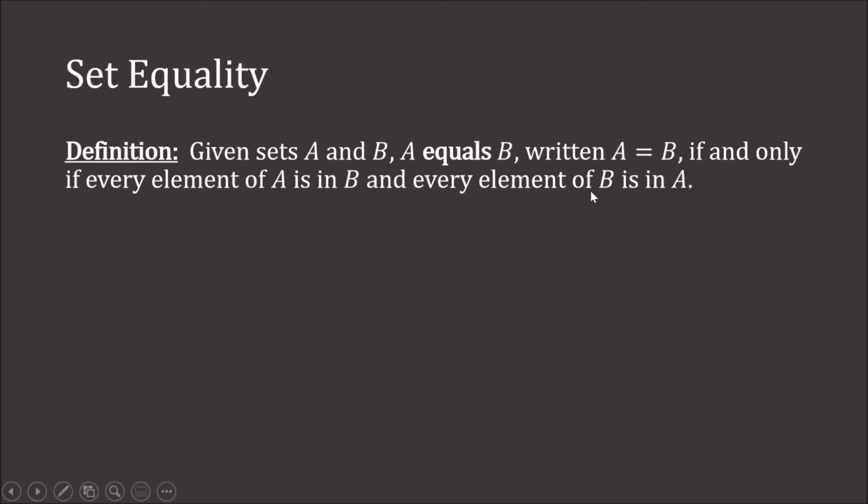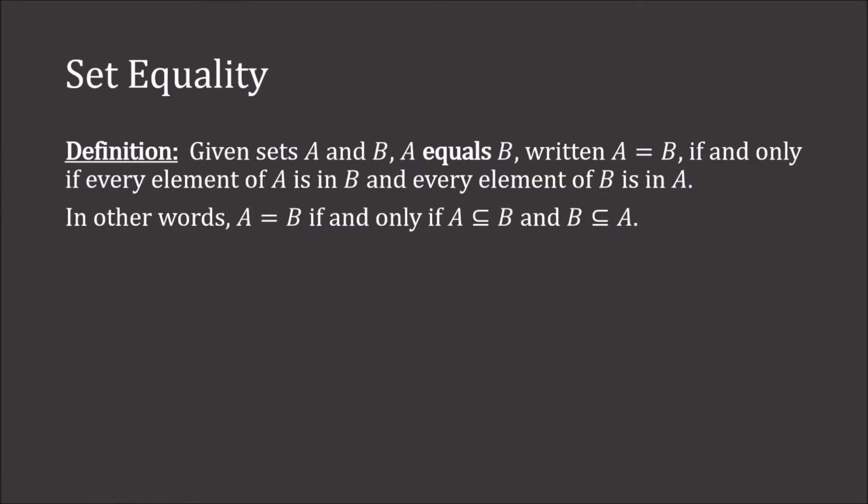And every element of B in A means that B is a subset of A. So in other words, we say that A is equal to B if and only if A is a subset of B and B is a subset of A. So this tells us how we can prove that two sets are equal. First, prove that one is a subset of the other, then prove the other way. So prove that they're subsets of each other.